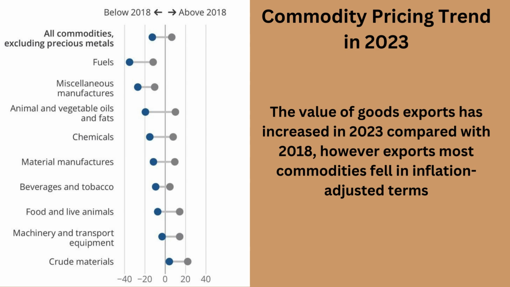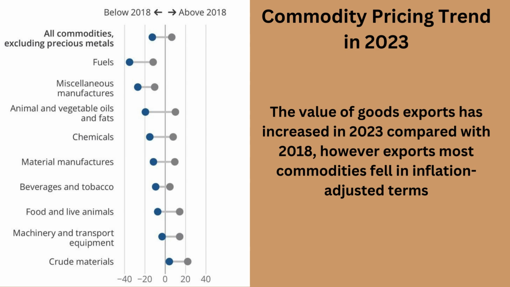Total export of goods rose by 6.7% in value terms in 2023 compared with 2018. However, after adjusting for inflation, total goods export fell by 12.4%. As with import, export of several commodities saw large differences between current price and chain volume measure when compared with 2018.